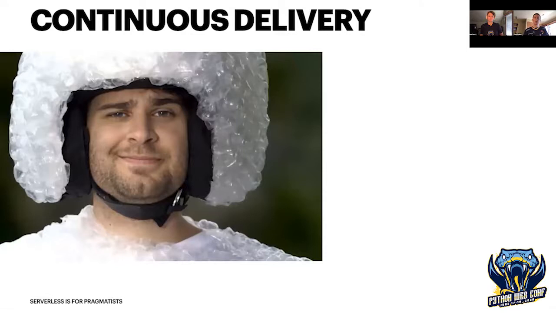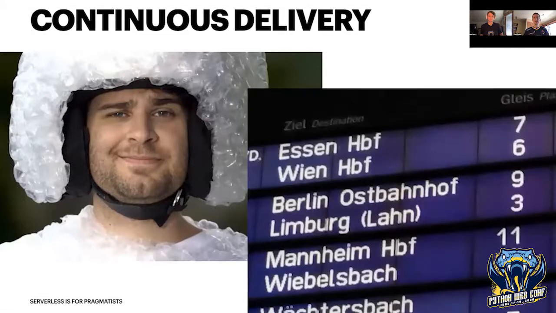You want your delivery pipeline to be like a German train system. It is frequent and it is always on time. That gives you the ability to de-risk your deployments and more easily deal with issues that might occur along the way.